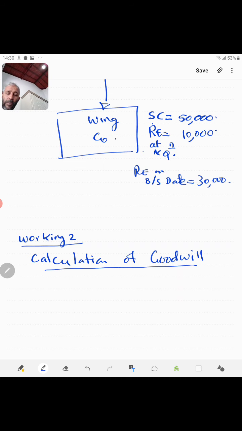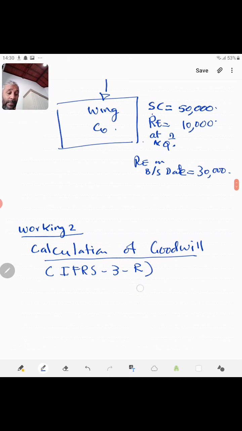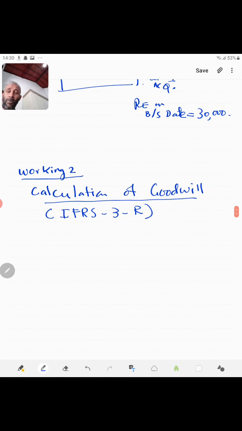As we know, we have to do this according to IFRS 3 revised. IFRS 3 revised requires, when calculating goodwill, to adopt a given format, where we compare the total purchase consideration cost and any non-controlling interest fair value along with the net assets acquired of the subsidiary at the date of acquisition.